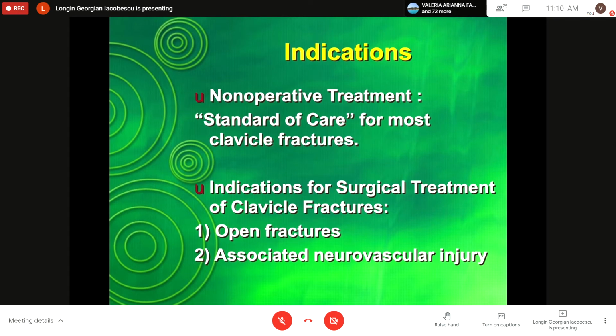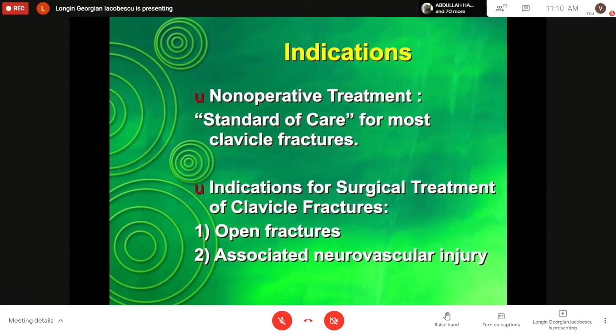So we have the indication for this type of bandage. The indication is like this: non-operative treatment is the standard care for most clavicular fractures. So when we discuss most clavicle fractures, usually they are treated through non-operative treatment, and more specifically, the non-operative treatment refers to this type of immobilization, the Watson-Jones bandage.